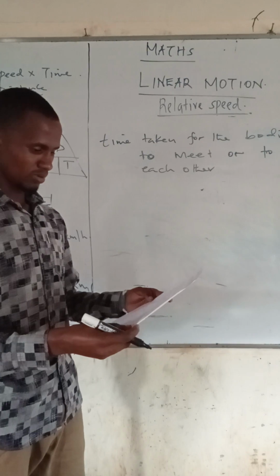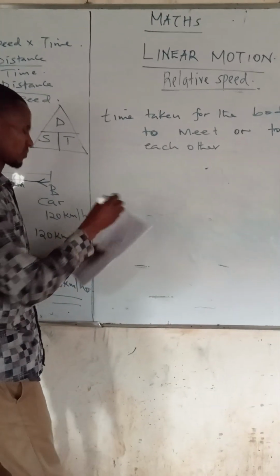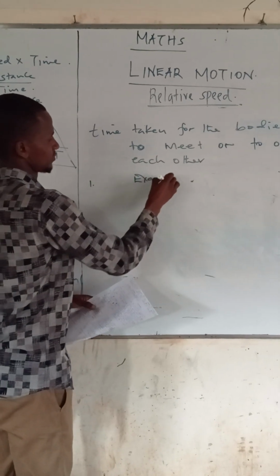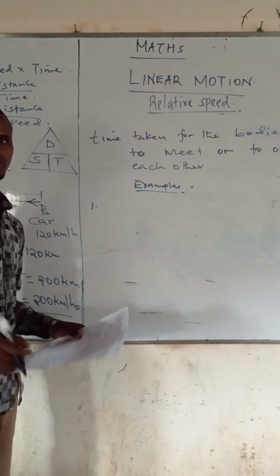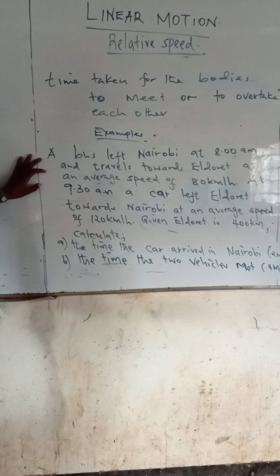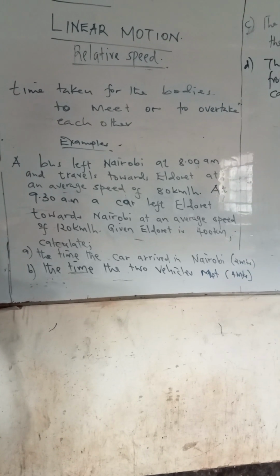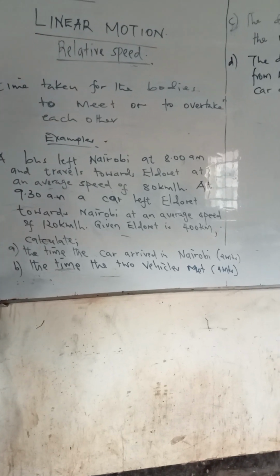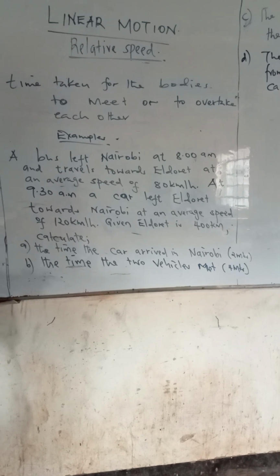So we have an example. Example number 1. This is the first example. You're told a bus left Nairobi at 8:00 a.m. and travels towards Eldoret at an average speed of 80 kilometers per hour.